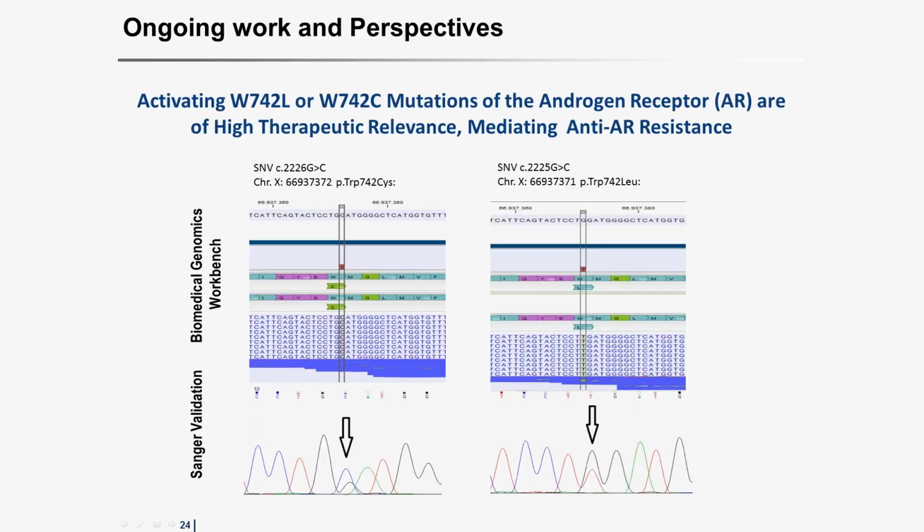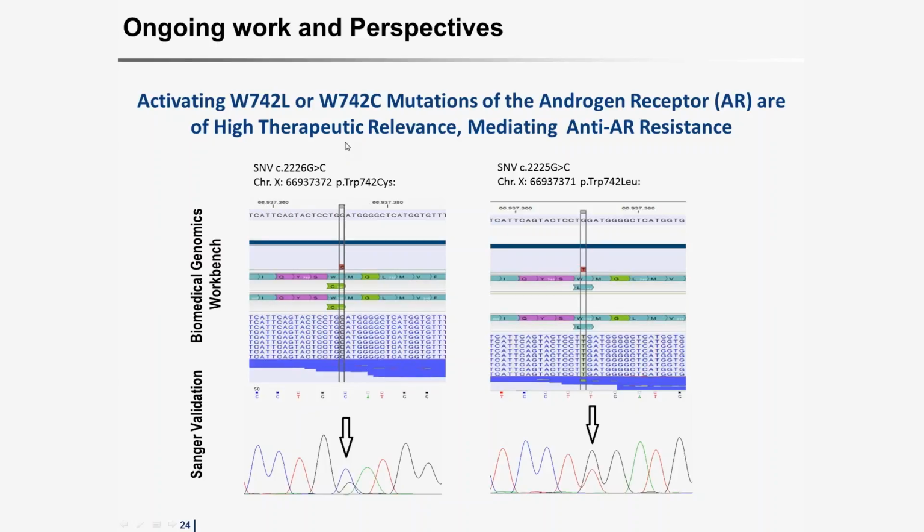So the androgen receptor is a nuclear receptor functioning as a hormone-dependent transcription factor, and gene alterations such as gene amplification, point mutations, or splice variants are restricted to metastatic and castration-resistant prostate carcinoma.